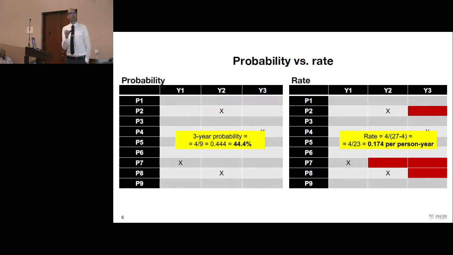While probability, in this 3-year window, we would just divide 4 by 9 because we have 9 people. To get a probability for 1 year, we would have to do it for year 1, exactly.